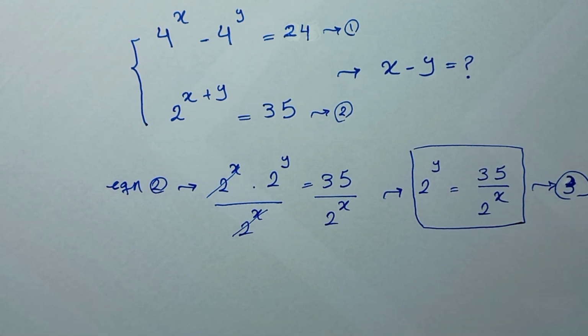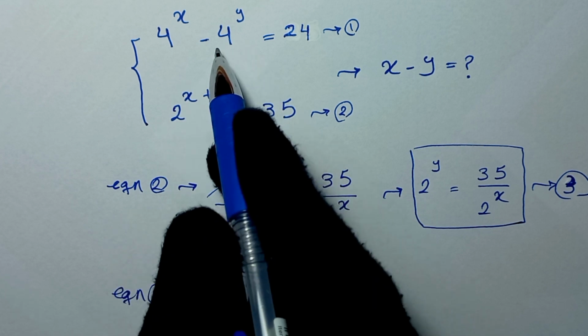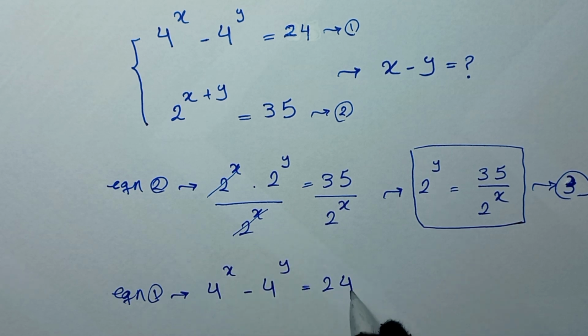And in next step, from equation 1, we have 4 to the power of x minus 4 to the power of y is equal to 24.